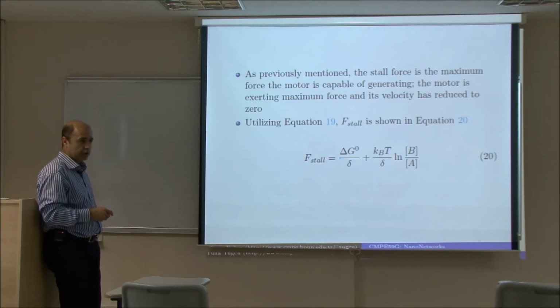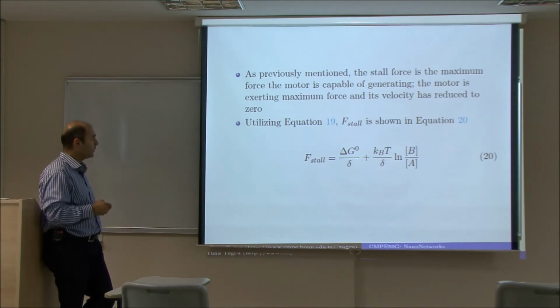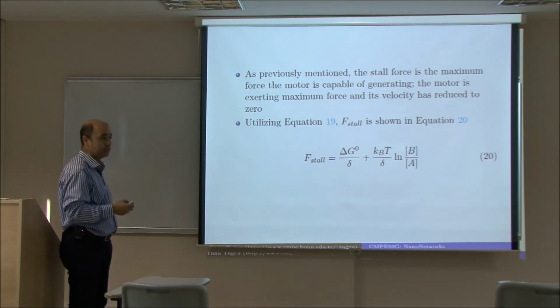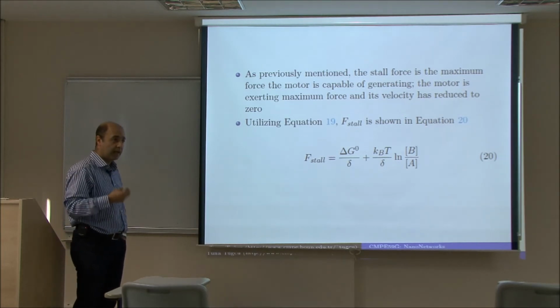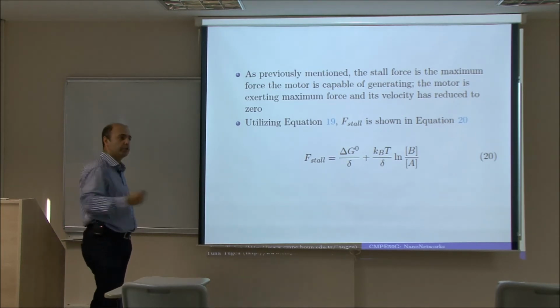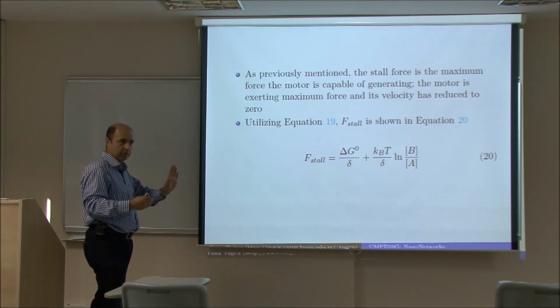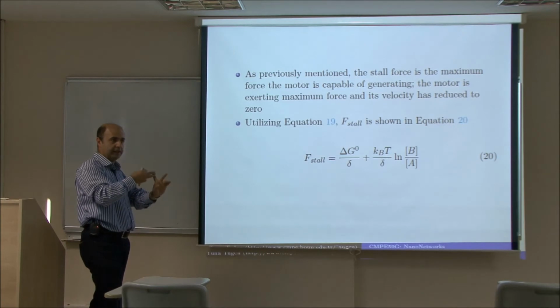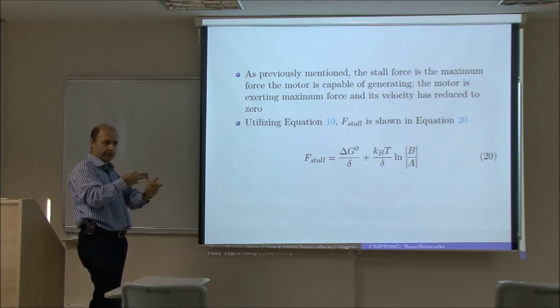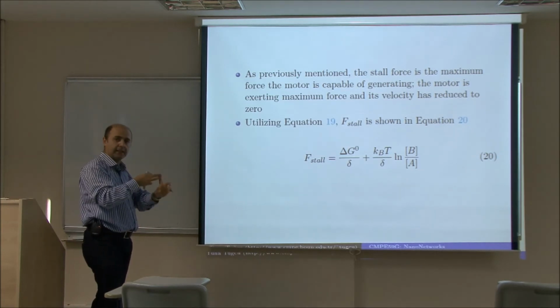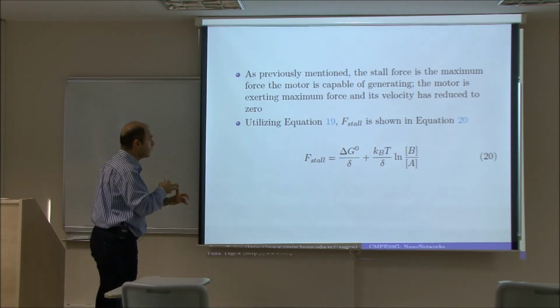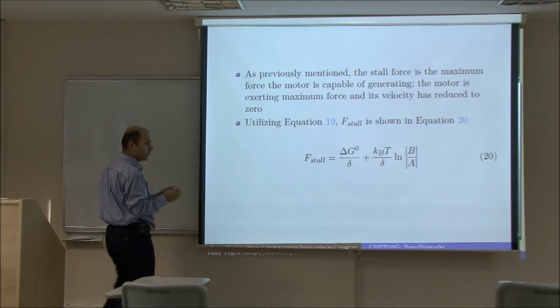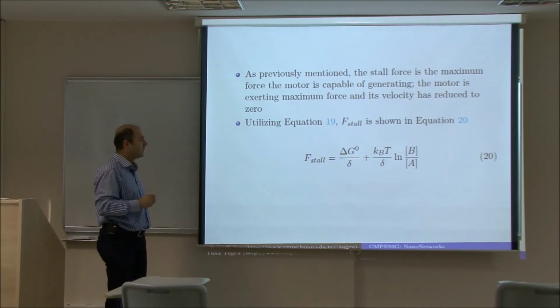So going back to the stall force, we said the stall force is the maximum force the motor is capable of producing. Yet, you're not able to move. You increase the force more and more and more, but in the reverse direction, you also have some force, and you're not able to move at all, so the velocity is reduced to 0. That's the point where we can talk about the stalling force, the stall force.